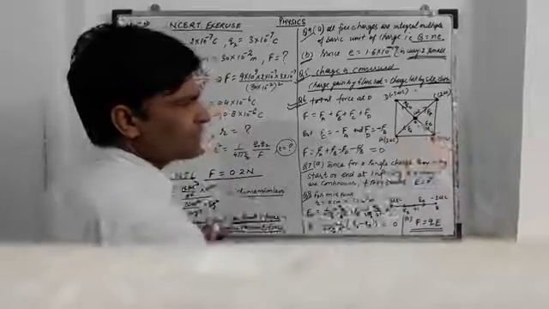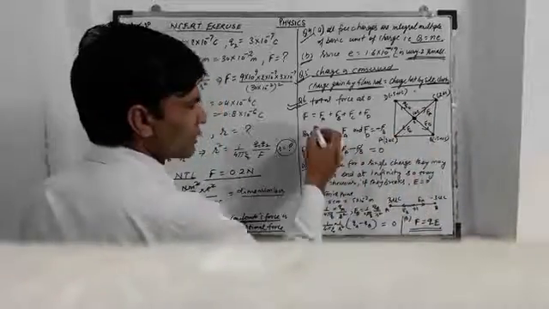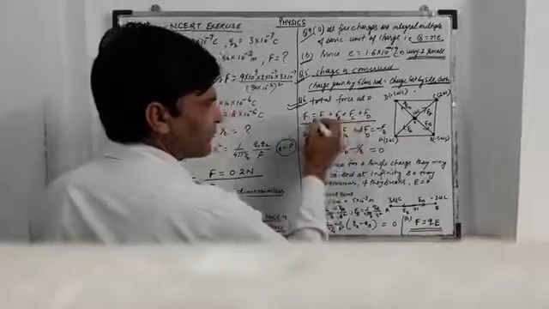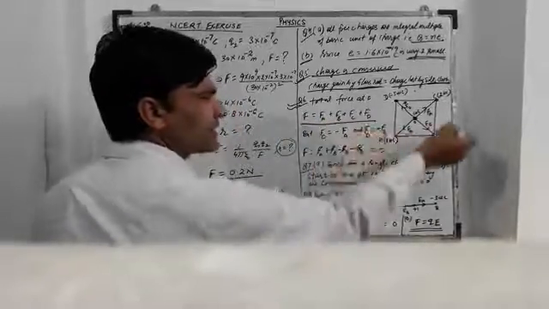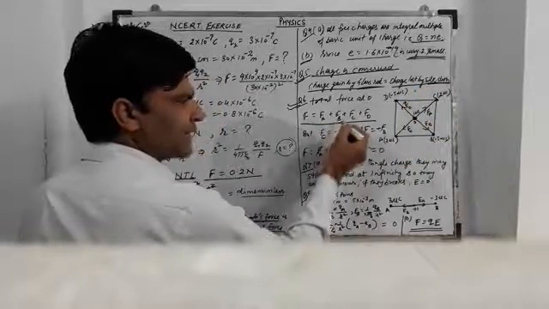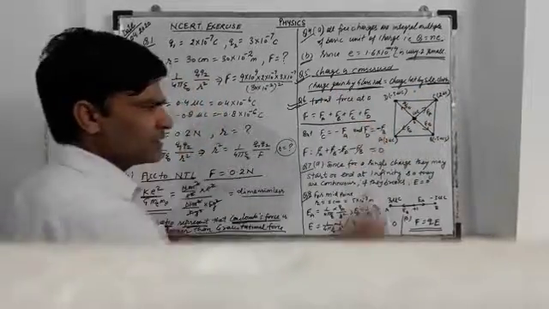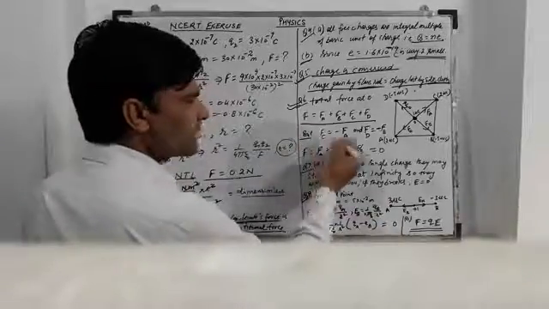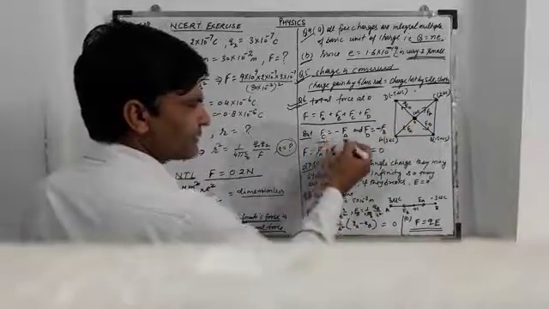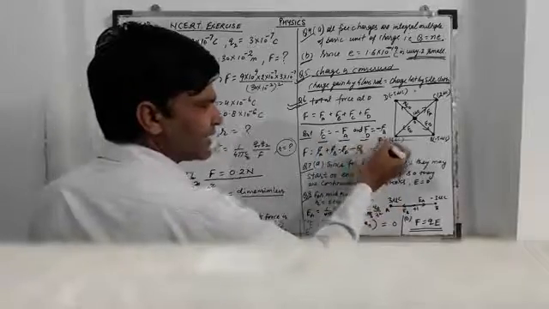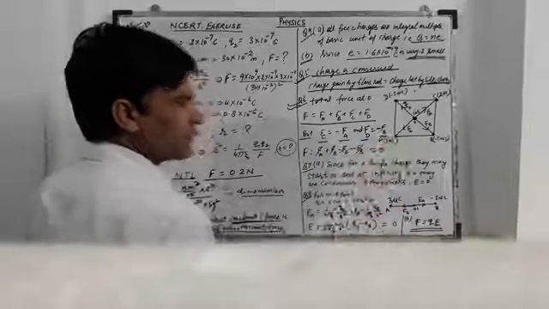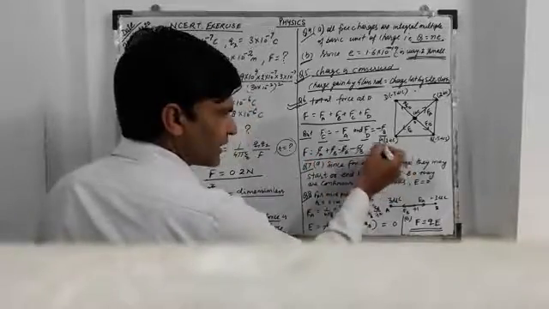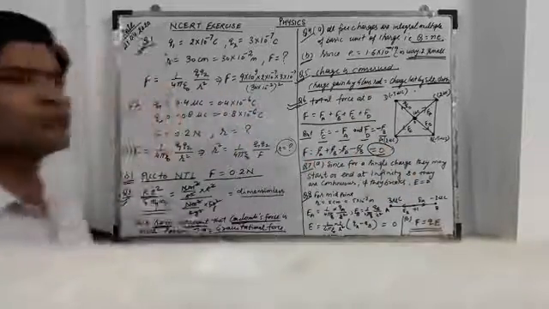FB and FD are opposite to each other. Then total force F is equal to the sum of all forces FA, FB, FC, FD. But we also know from the diagram FC is equal to minus FA, FD is equal to minus FB. Then by putting the values we get total force is 0.